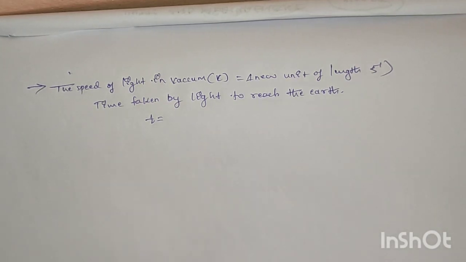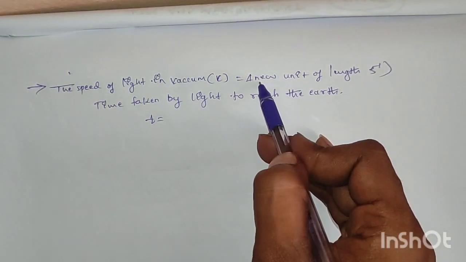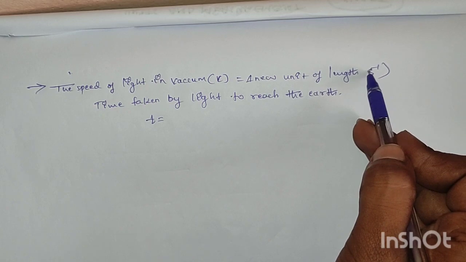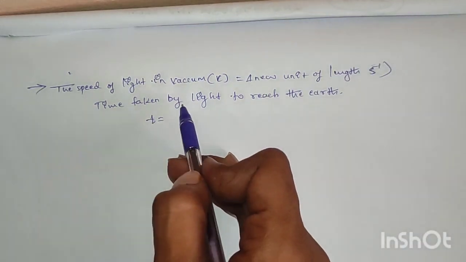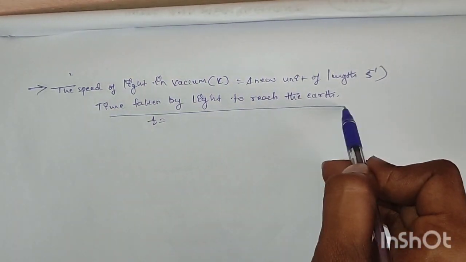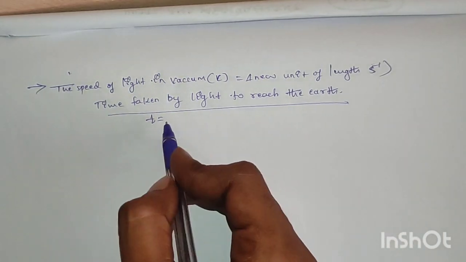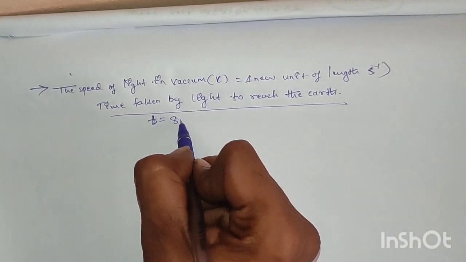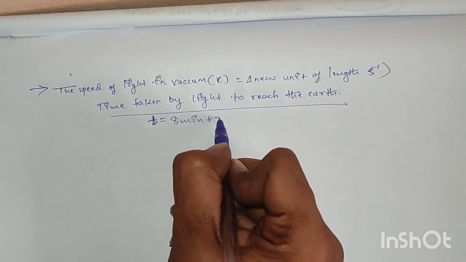Okay, so here the speed of light in vacuum equals 1 unit of length per second. Time taken by light to reach the earth from the sun is given in the question, that is 8 minute 20 second.